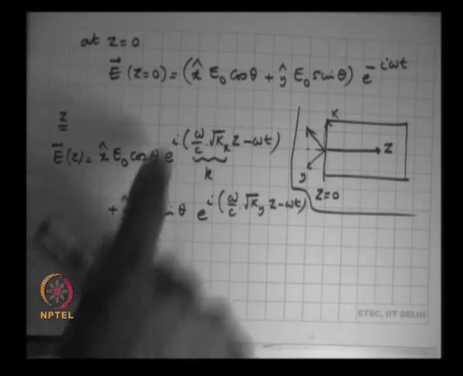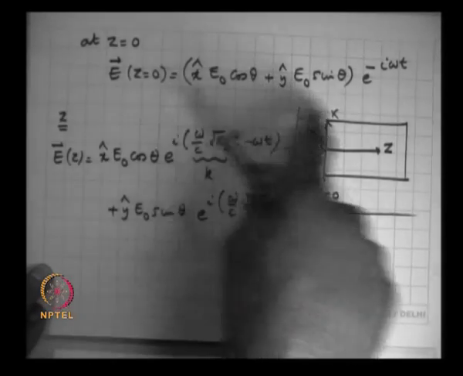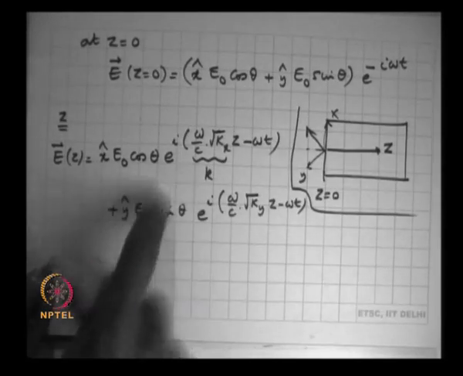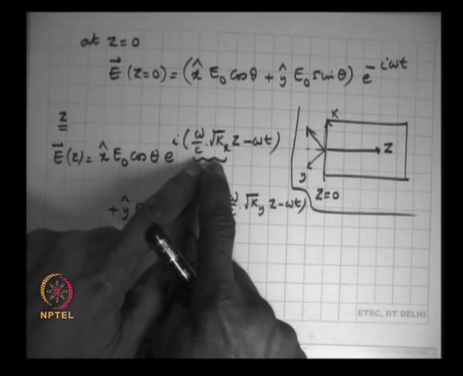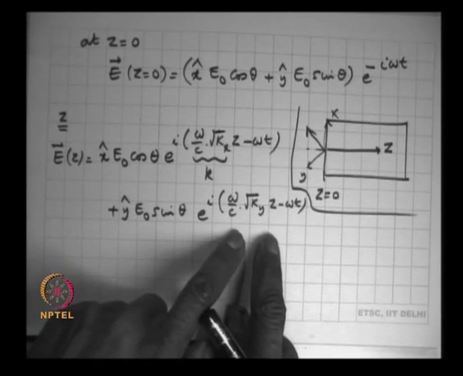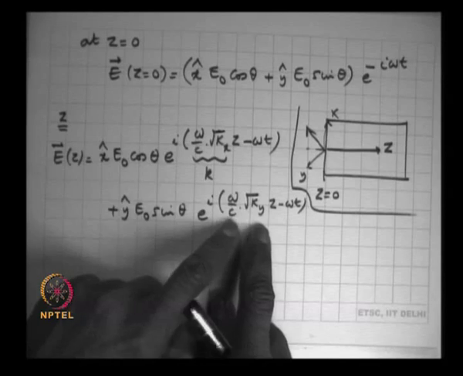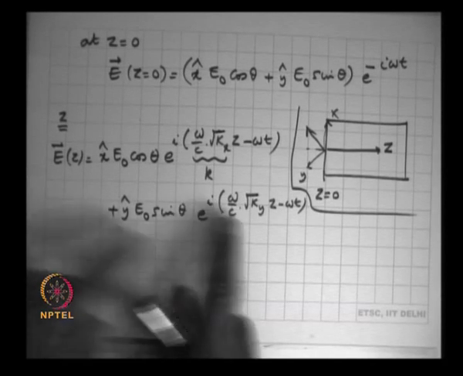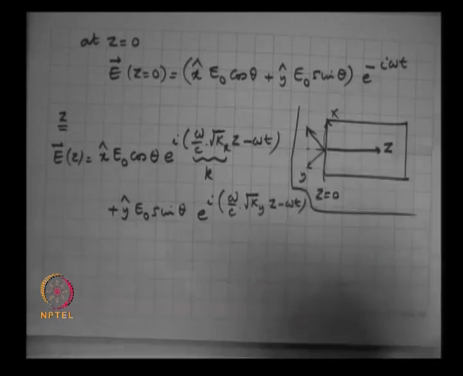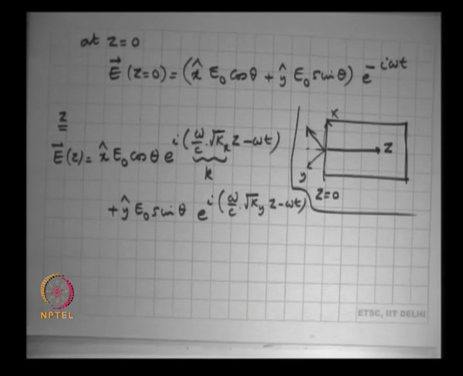So, I have broken up the input electric vector into two components, and then the corresponding phase changes I have written as k times z. Now, if kx is not equal to ky, these two values are different, and so when I add them up at any value of z at the output, the polarization state will not be linear anymore, it will be different.